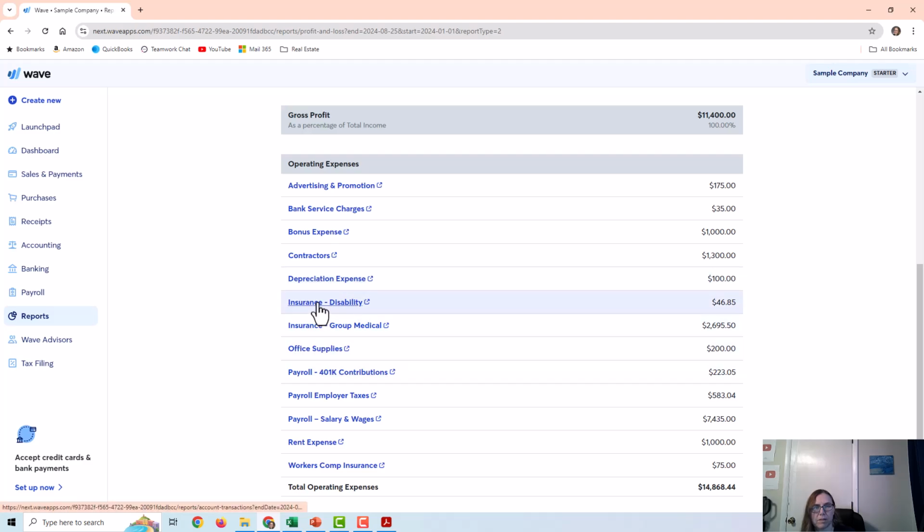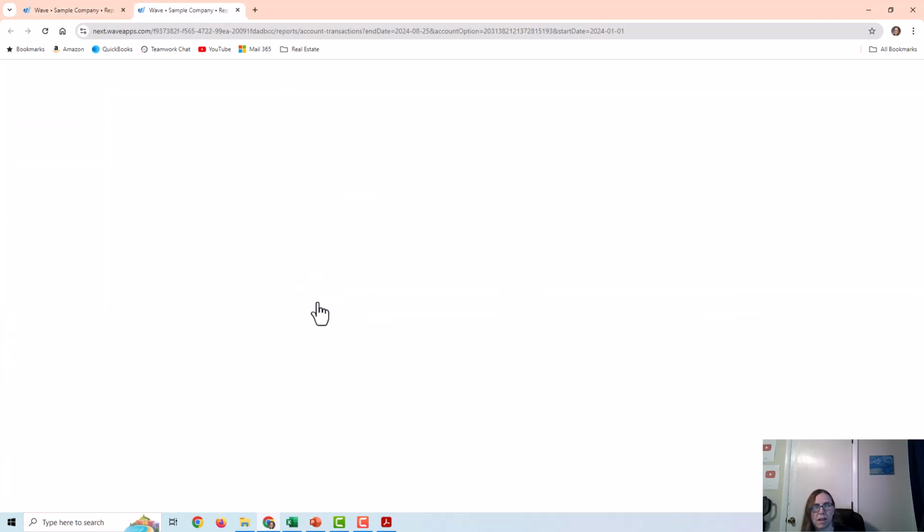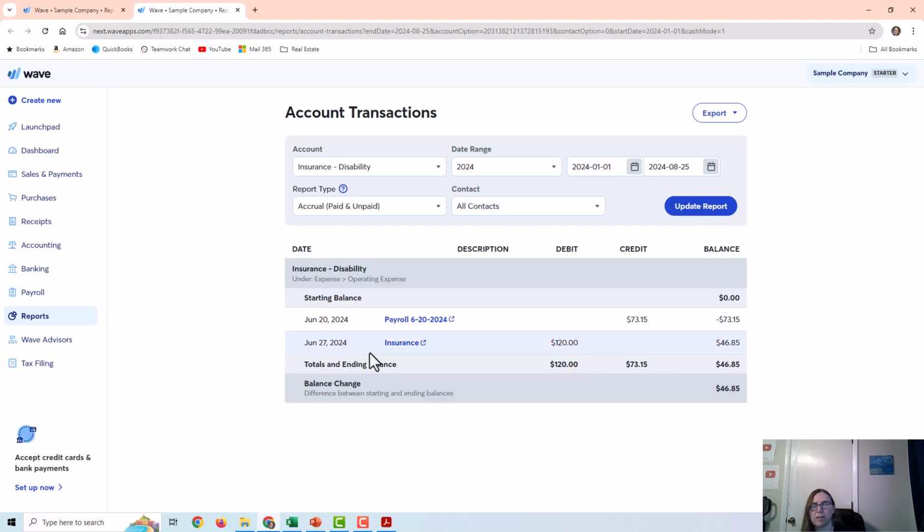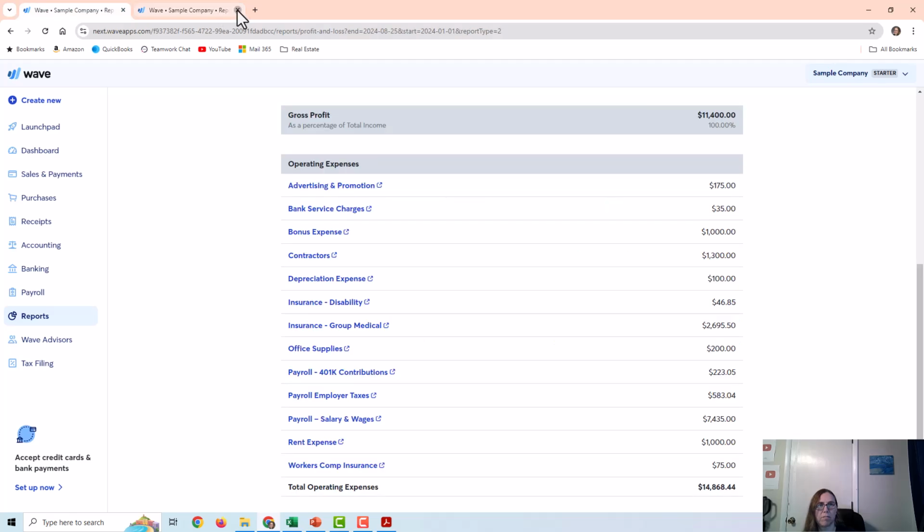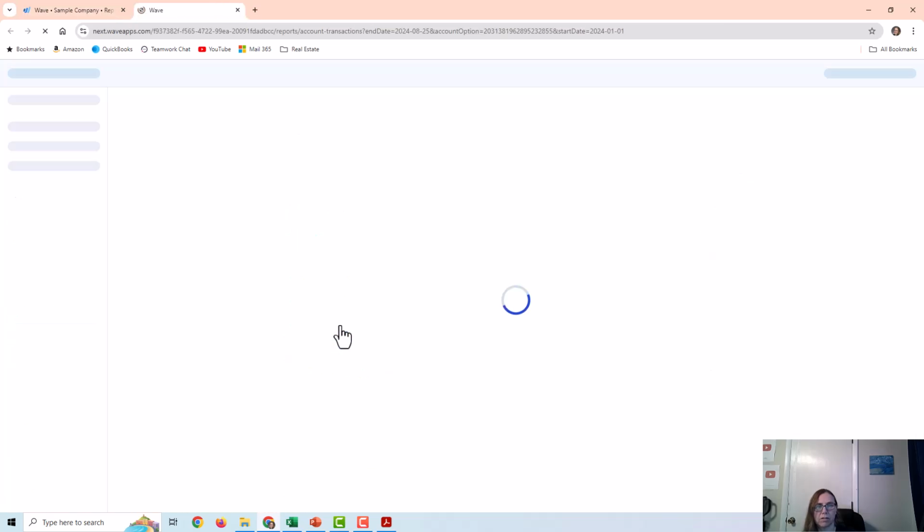There was insurance disability in that example situation. I talked about this in the first video where the company paid insurance of $120, but then the employees had $73.15 deducted from their pay to contribute part of the cost. So the net cost to the business is going to be the $46 difference. And then insurance.